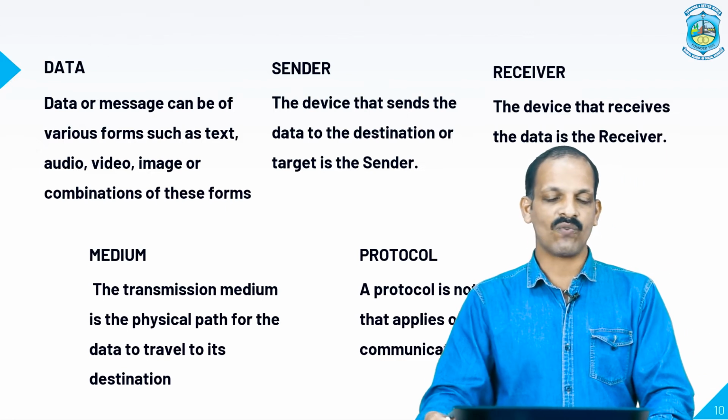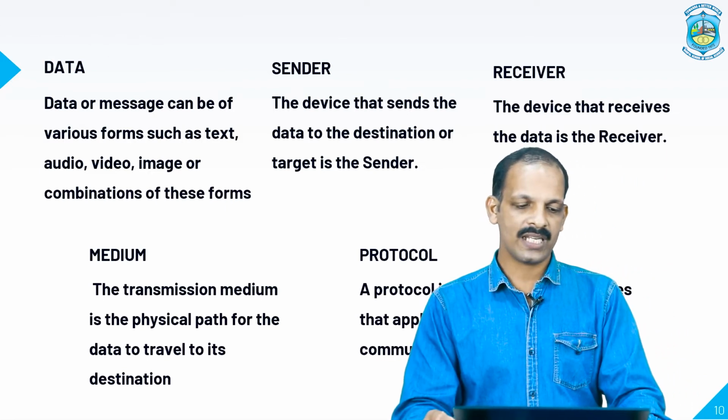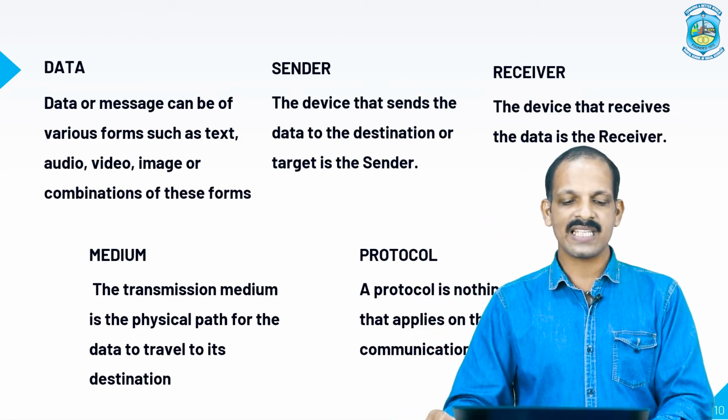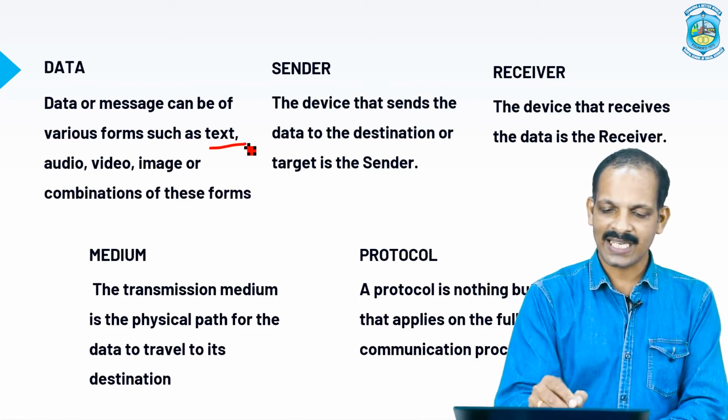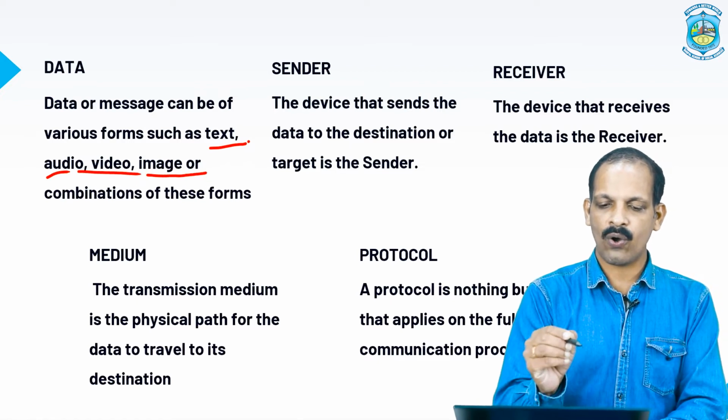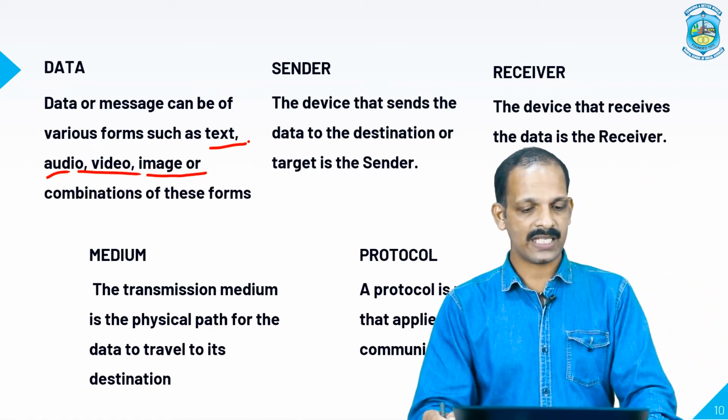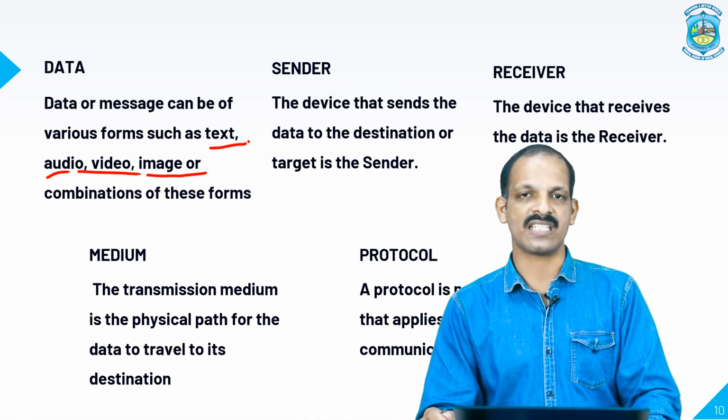Then when we check each component one by one, data or message can be in various forms such as text, audio, video, image or a combination of any of these.